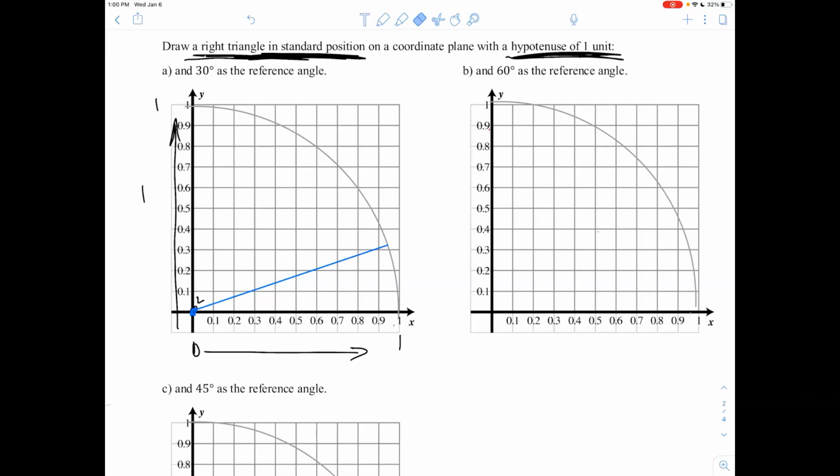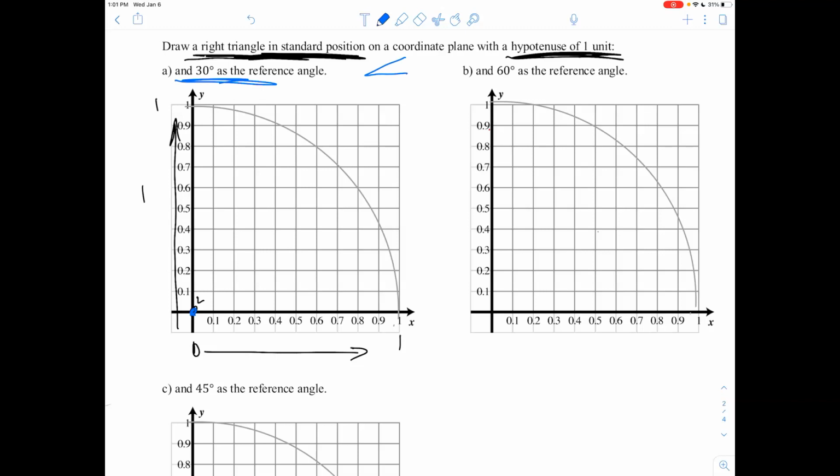It's a circle, so the radius is unchanging. It's always 1. And so this is the purpose of that curve right there. Okay, hopefully I've given you enough time to draw that. All right, so we want 30 degrees to be our reference angle. So this is what we're going to do: draw a 30, 60, 90.